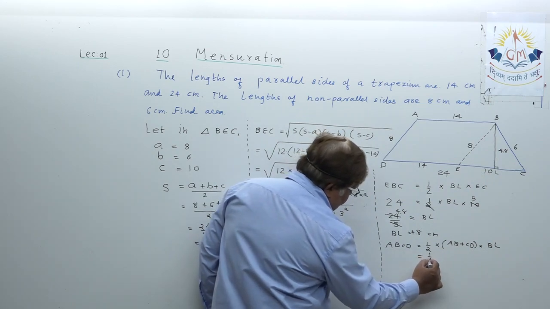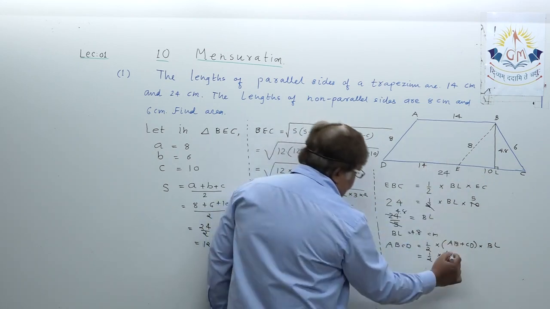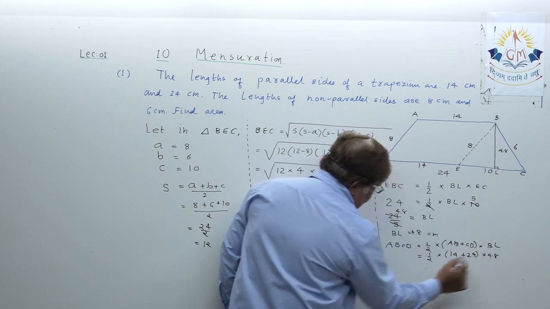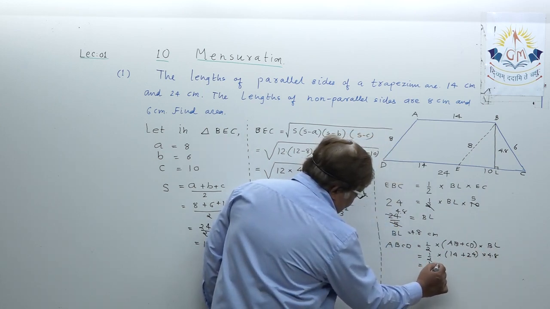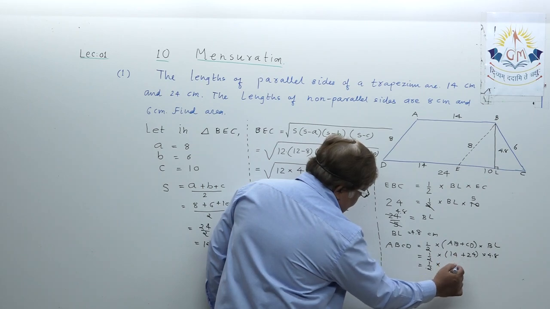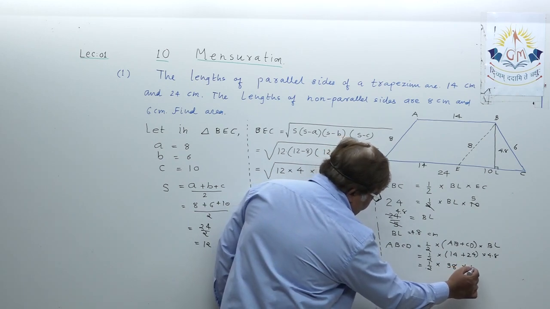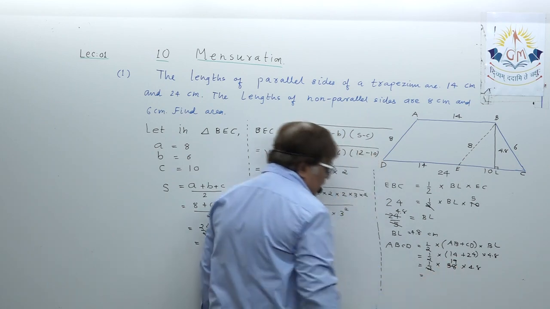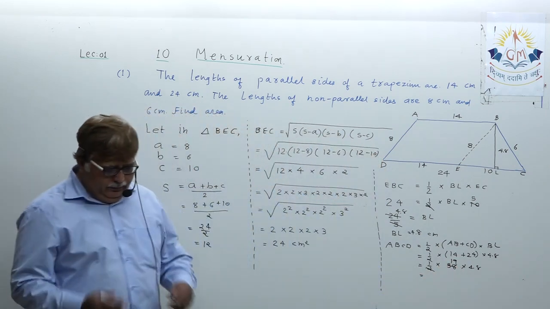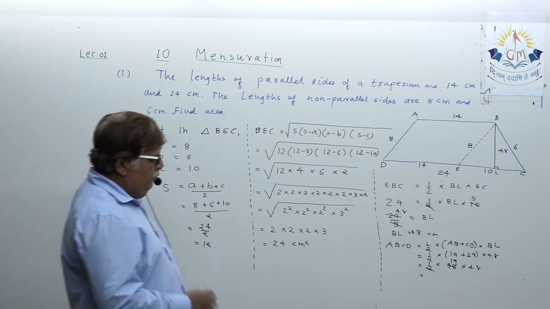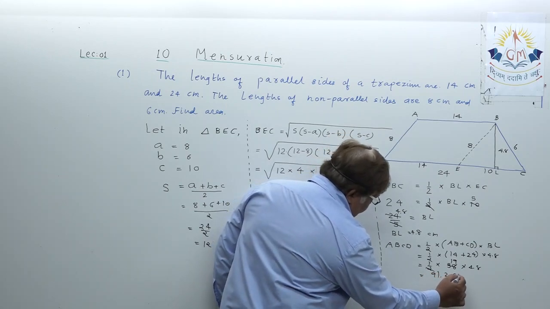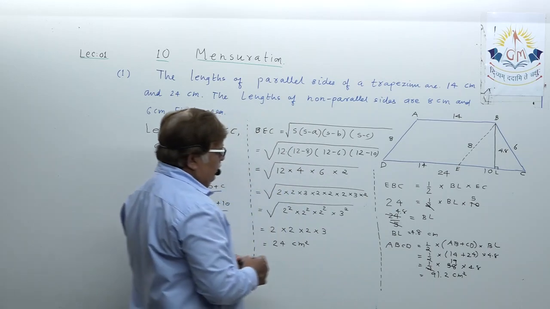Let us put the values: half into AB, that is 14, CD 24, and this is 4.8. Half into, just add this, 4 plus 4 is 8 and 2 plus 1 is 3, into 4.8. Just cancel 2 19 ja. Now it's a simple question of multiplying 19 and 4.8, which turns out to be 91.2 centimeter. That's the answer.